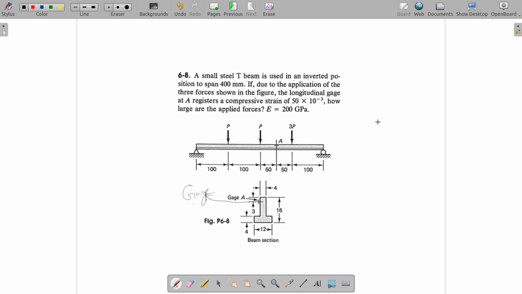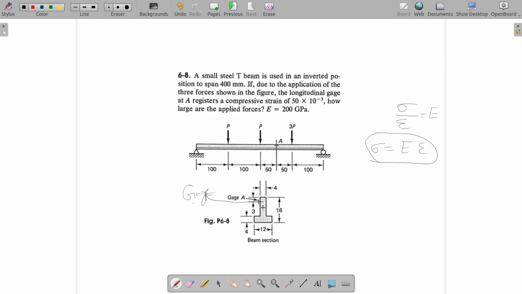Now you know that from Hooke's law, stress by strain is equal to E. That means that stress is Young's modulus multiplied by strain.